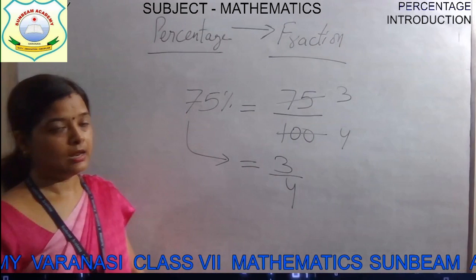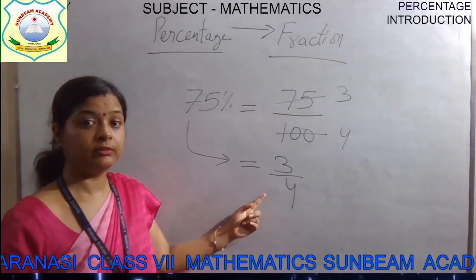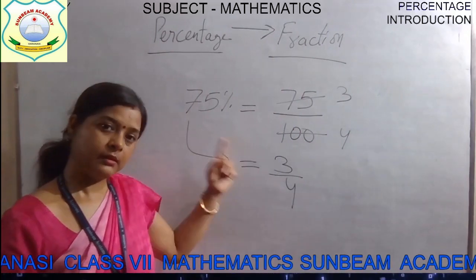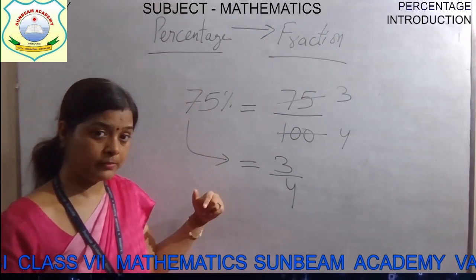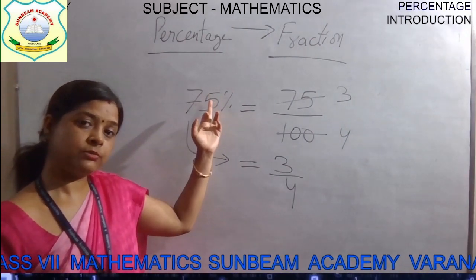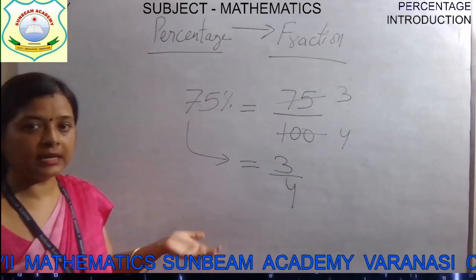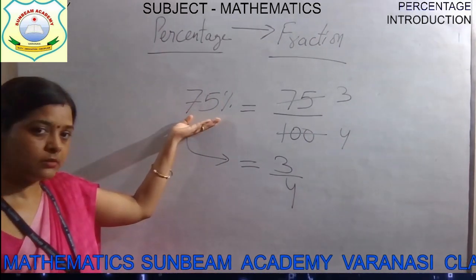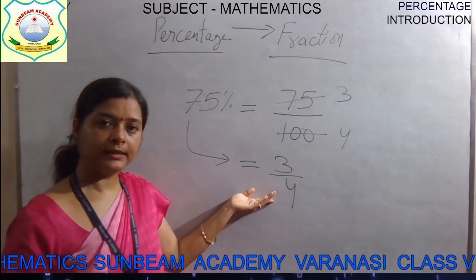This we had taken earlier: in the beginning we had taken the fraction value 3/4, and its percentage was 75%. Now I have taken the percentage, and it is converted into fraction. So I hope it is clear to you.